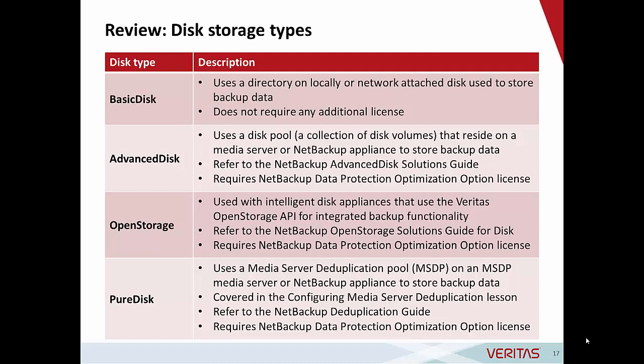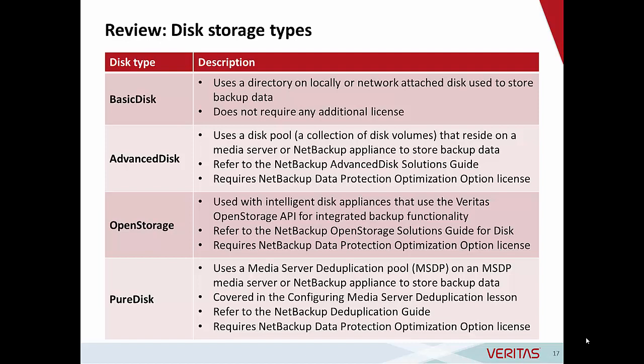So basic disk is very easy to set up. It supports disk staging, which is a form of automatic duplication of backups to another location, such as tape. There's no additional cost or licenses associated with it, but like the name implies, it is very basic. It doesn't support advanced features like AIR or storage lifecycle policies, and there are issues you can run into with scalability with basic disk.